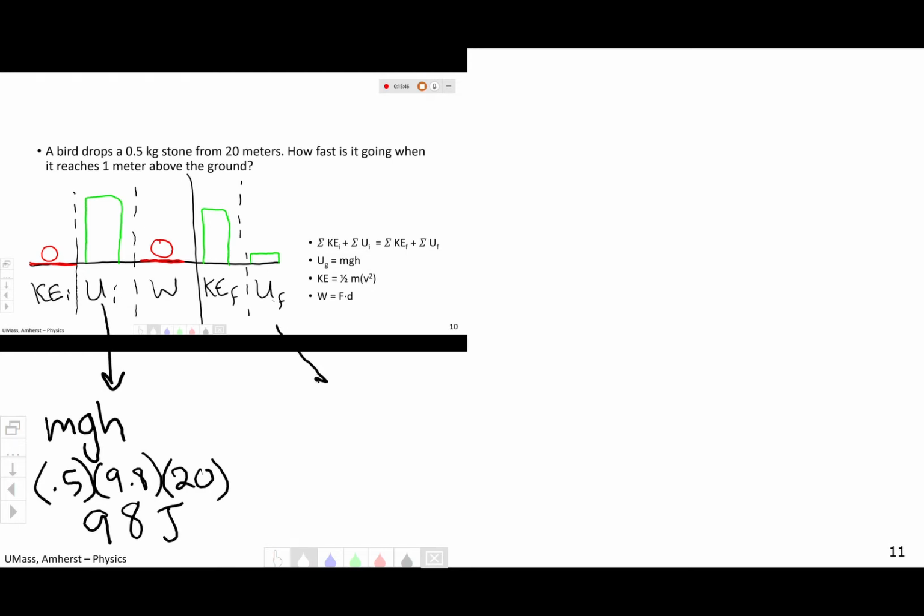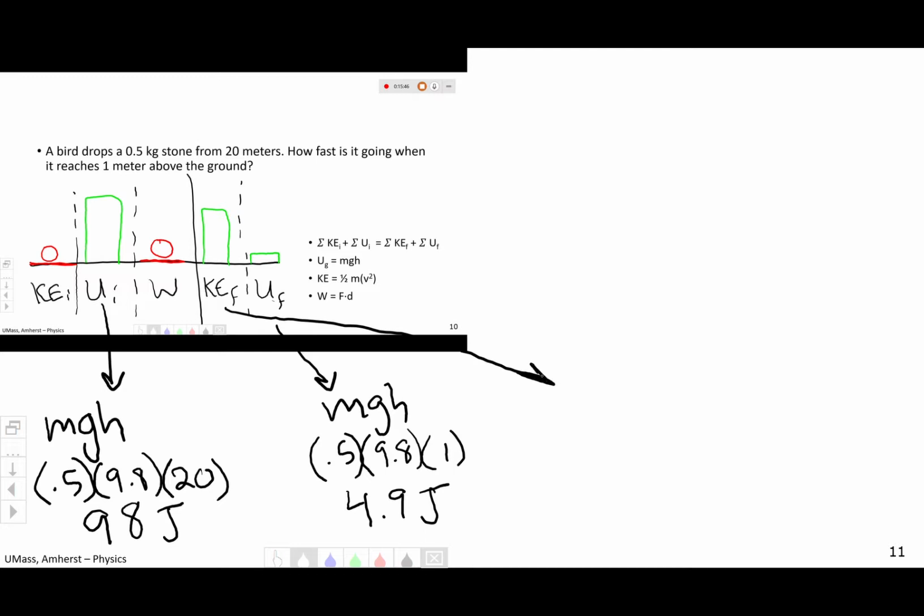Then potential energy final is also mgh, 0.5 times 9.8 times 1, giving us 4.9 joules. So the kinetic energy final has to make up the difference, which is going to be 98 minus 4.9, giving us 93.1 joules of final kinetic energy.